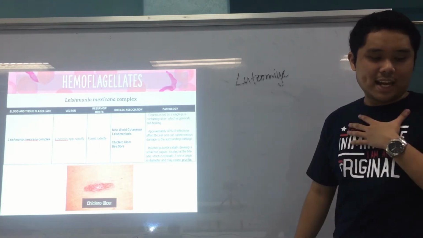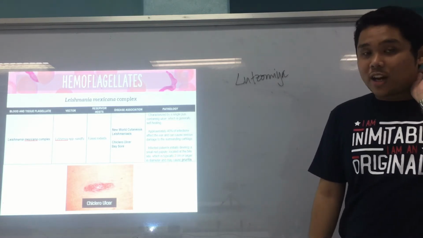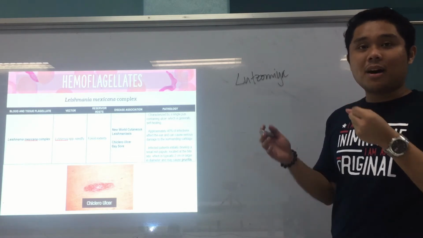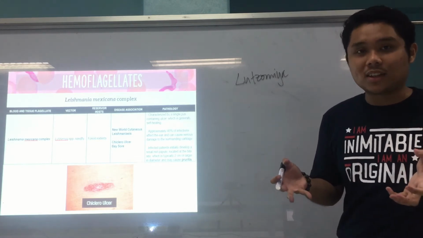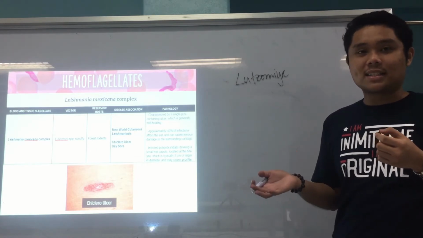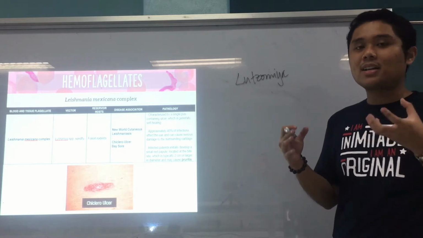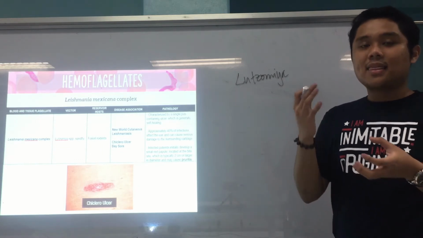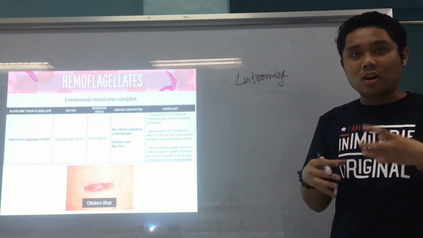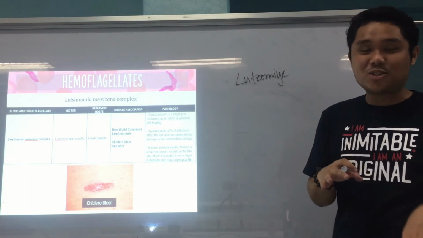So this is for Leishmania mexicana, New World cutaneous leishmaniasis. New World because we consider the South American region the New World. That's why it's called New World cutaneous leishmaniasis, because of the area that they infect, which is the Mexican region, or the Central American region.